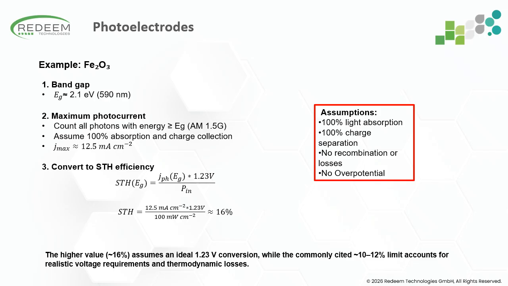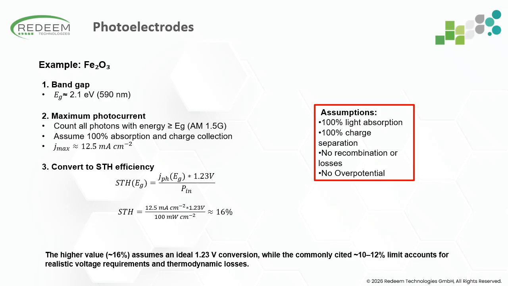When we integrate the solar spectrum and count all the photons with an energy equal to or greater than this band gap, under ideal conditions this gives us a maximum photocurrent density of about 12.5 milliamps per square centimeter. We can insert this value in the STH equation using the thermodynamic water splitting potential of 1.23 volts and an incident solar power of 100 milliwatts per square centimeter, and this gives an idealized efficiency of roughly 16%.